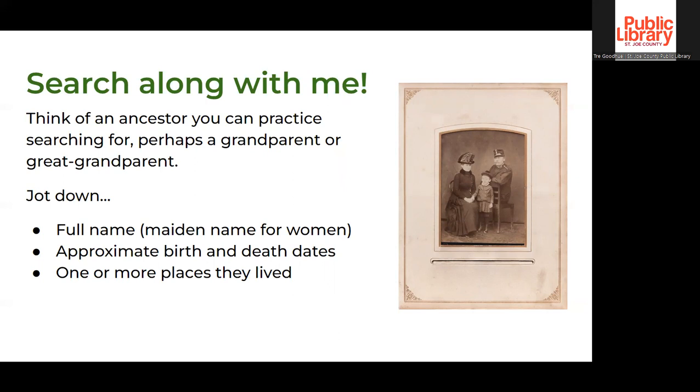But I recommend that if you're going to search with me, that you write down a name, an approximate birth and death date, and at least one place that's relevant to this person. So take a minute to find your information for the person you're going to search for. And then every time I'm doing a search, you can put the information for this person in the site along with me.